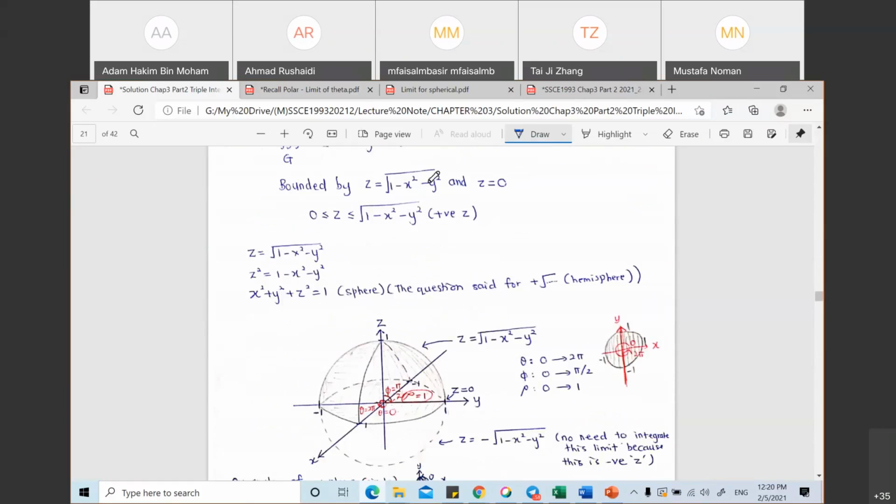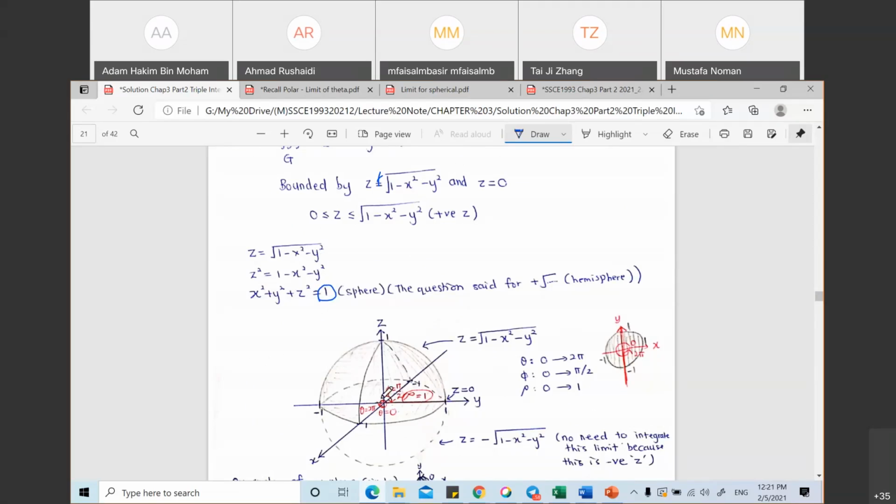This is a sphere with radius 1. Positive means, from the question, we only have the positive part, so it's just a hemisphere. From here, you just focus on the above part first.